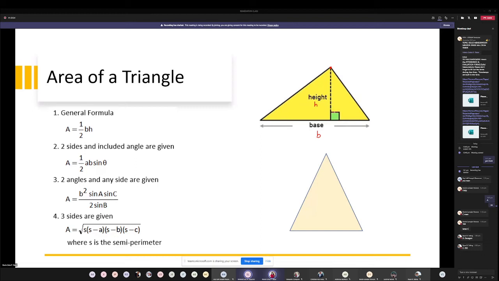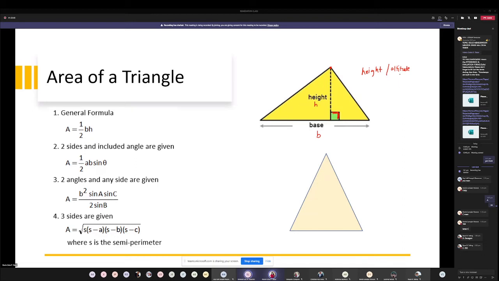So it should form a 90-degree angle with the base. You cannot just draw any height, or what we call the altitude. Another term for height or perpendicular height is altitude, which will be used later for the different properties.